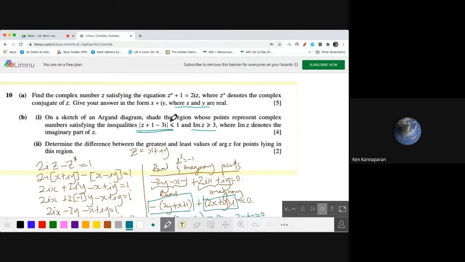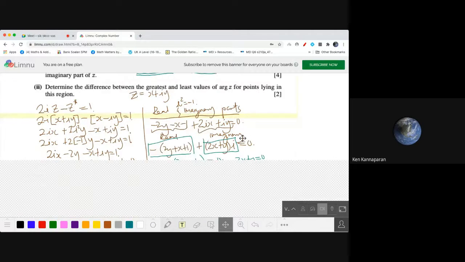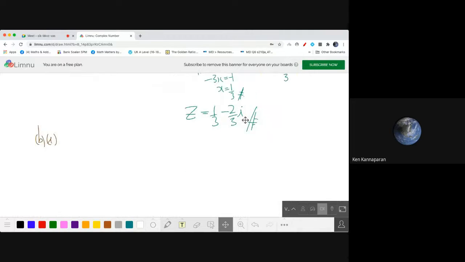Guys, come on, tell me. Is it the midpoint of the circle? Okay, midpoint of a circle. And what is the radius? 1. Okay, so the moment you get a question like that, you should know that they're talking about a circle. So the question here is the modulus of z plus 1 minus 3i less than or equal to 1. So this is a circle.